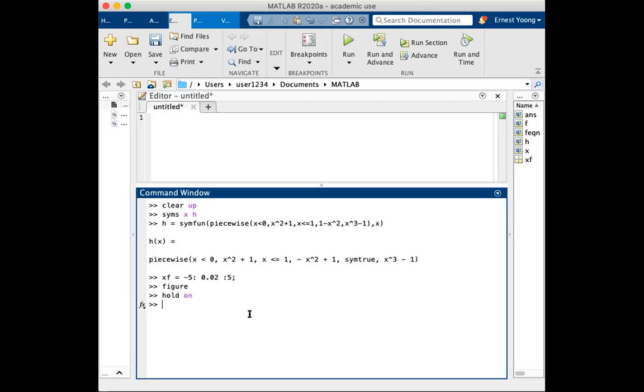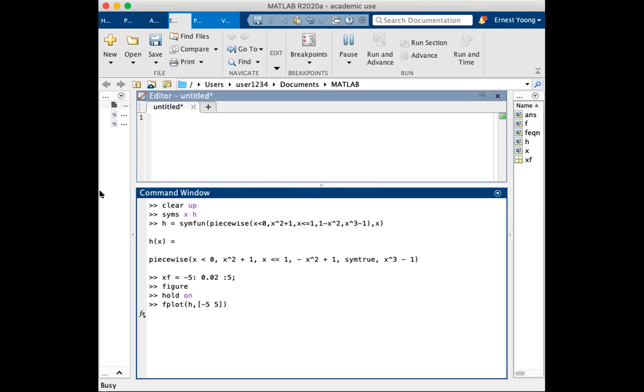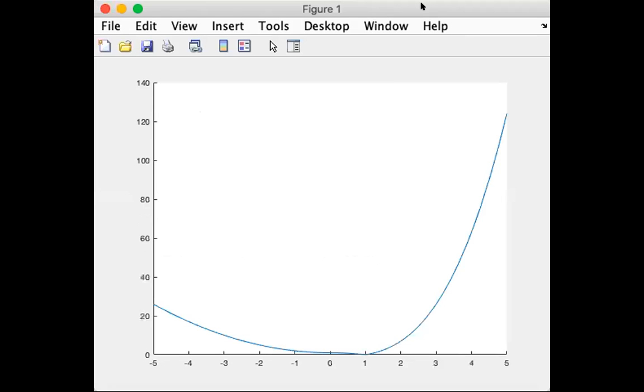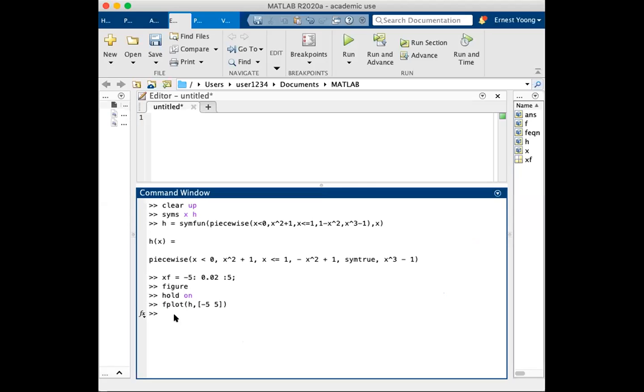Let me plot the h function in the range from -5 to 5. Okay, so I have plotted one graph. This is the h(x) function. And next, I'm going to draw another graph.